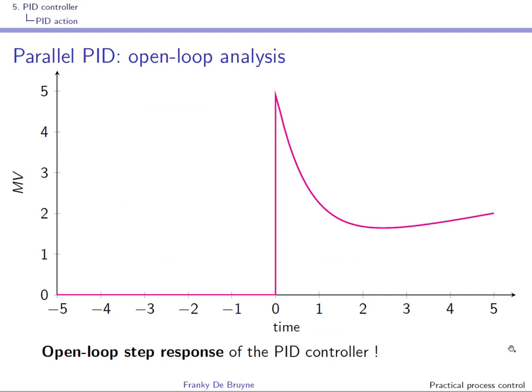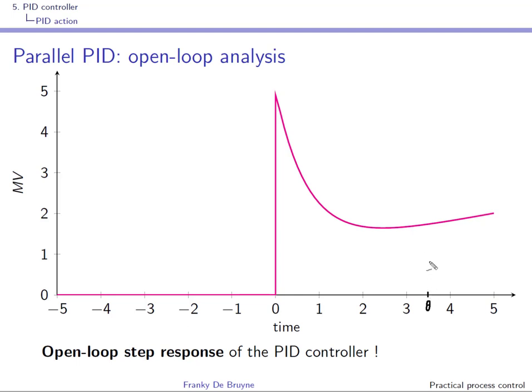Remember that we have considered the open loop step response of the PI controller and the open loop step response of the proportional derivative controller. So what you can do, of course, is combine both to obtain the open loop step response of the PID controller. It's important to understand what you see here on the screen, because if you have a process with delay, you will have exactly this response of MV until the process starts to react, if this is the process delay.